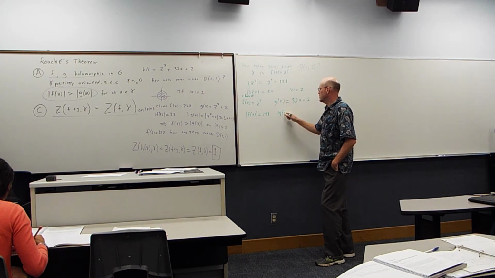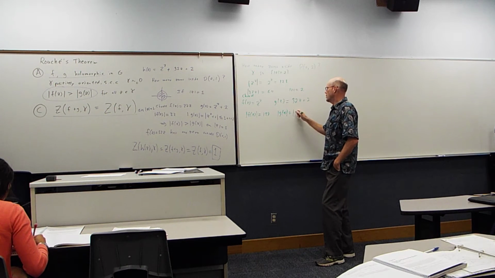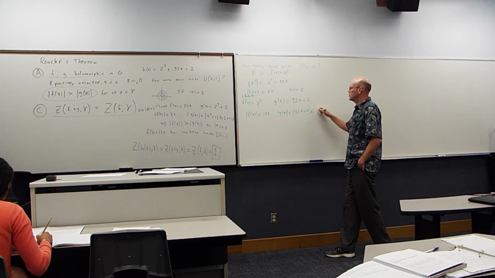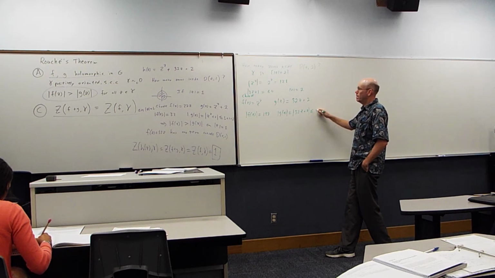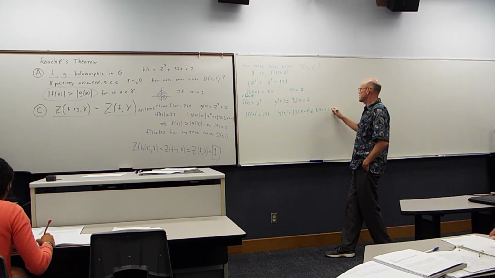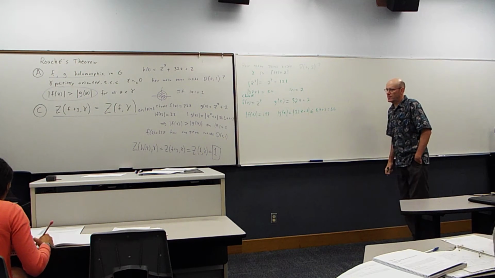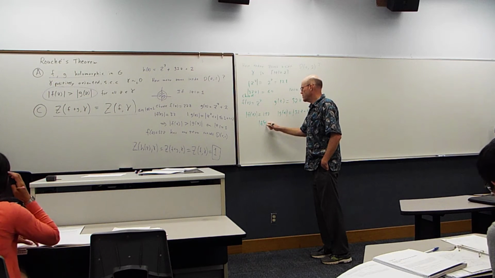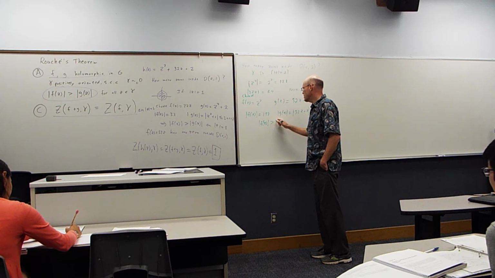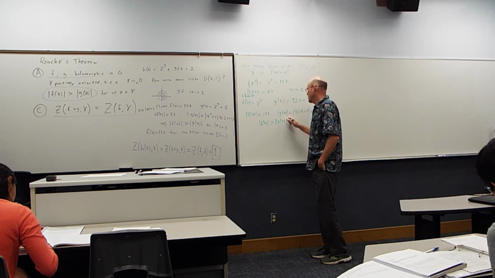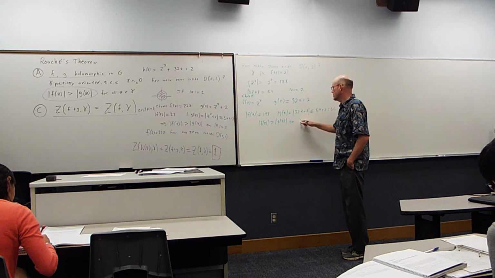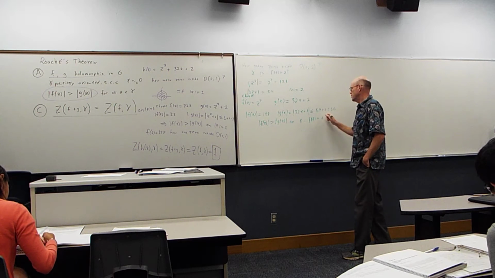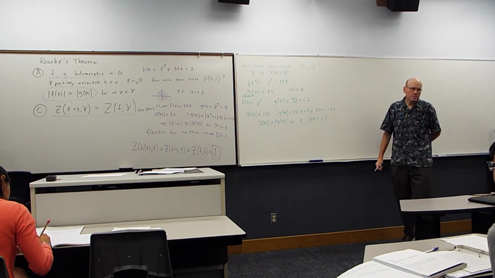The modulus of g of z is less than or equal to 64 plus 2, which is 66. So we have the modulus of f of z greater than the modulus of g of z on the boundary.